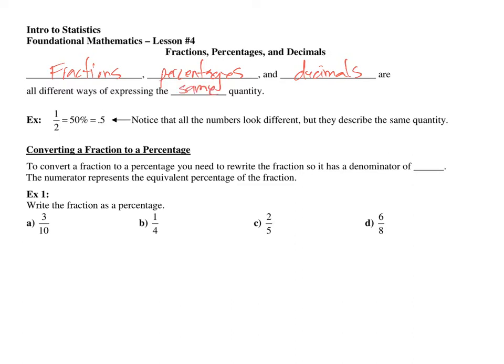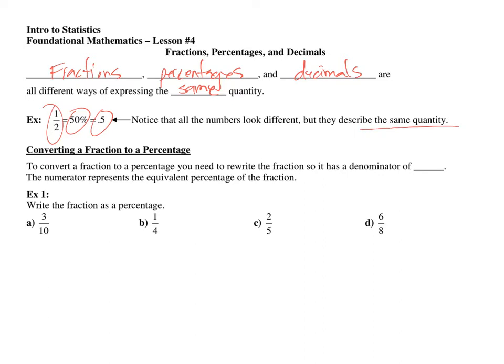All right, so a half, 50%, and 0.5 are all the same thing. They're all the same quantity. It just depends on the context which one you use.